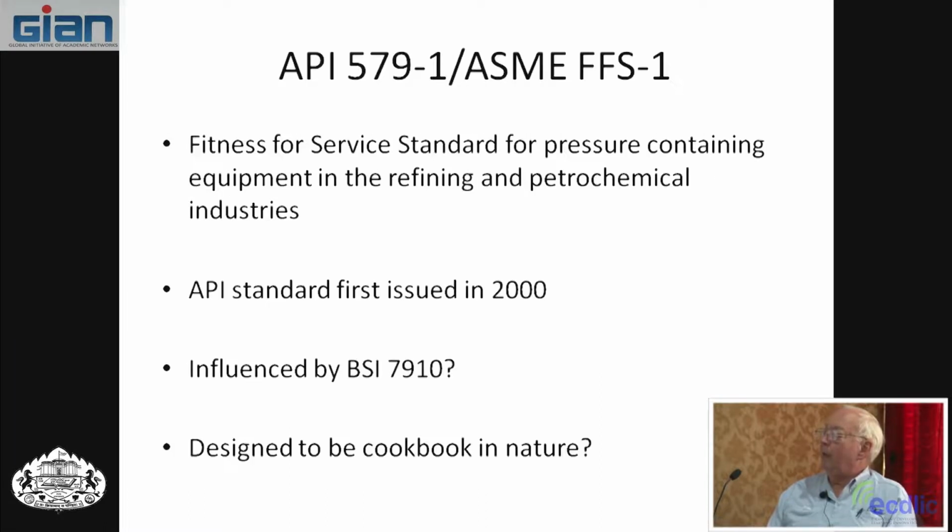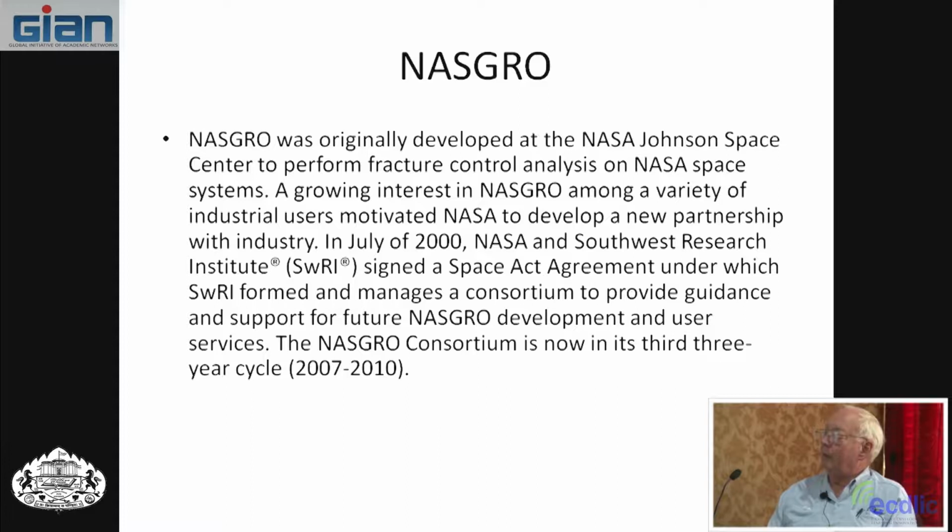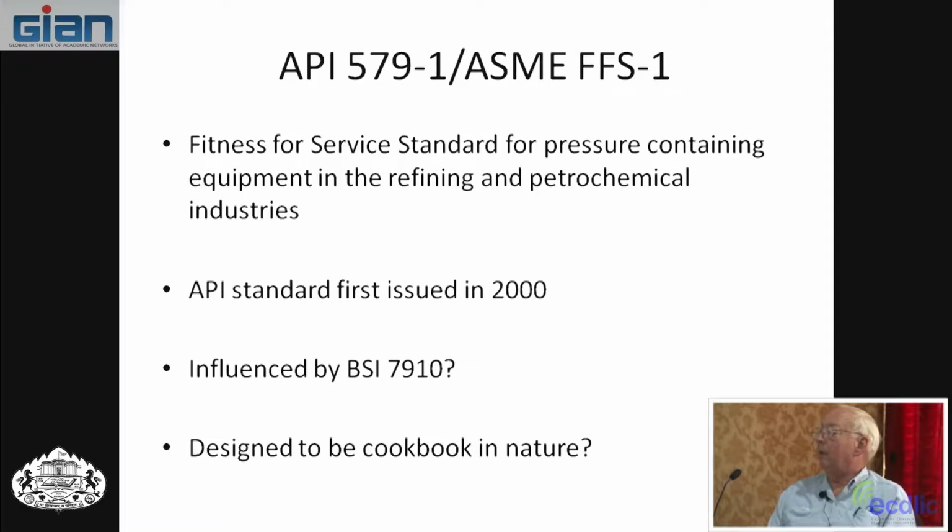One of the things that people weren't real happy about was that originally, at least, it was all linear elastic, so only K solutions and no J's or CTODs. And people were interested then to go beyond just the K solutions. And I don't know if they've gotten that far yet, but I think they haven't.